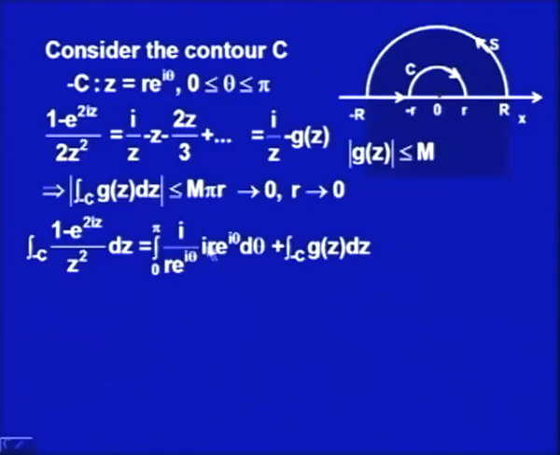We are writing this contour integration with the formula that if I represent it by the parametric equation, then we write f of z(t) into z'(t) dt. Is it all right? So, t is here theta. So, this is i upon z minus g(z), like that. So, i upon z we would write r e to the power i theta, z'(theta) d theta, that is i r e to the power i theta d theta, plus this integral along this contour minus C of g(z) dz.